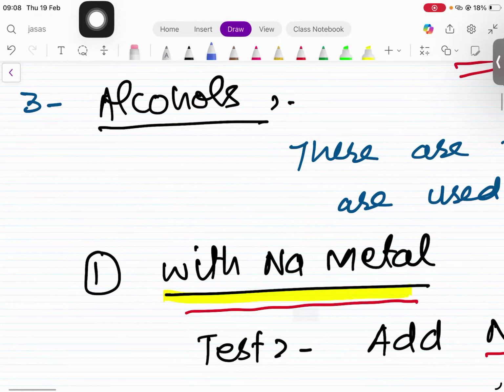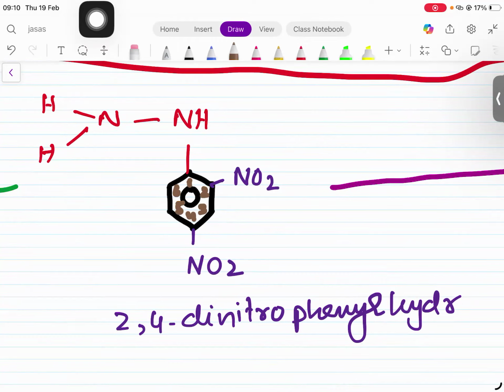This is, let's say, carbon number 1, this is 2, this is 3, this is 4, 5, 6. So why do you call it 2,4-dinitro? Now you can understand after numbering. There is a nitro at which two positions? 2 and 4. And then this NH and NH2, this part is known as amine, right?